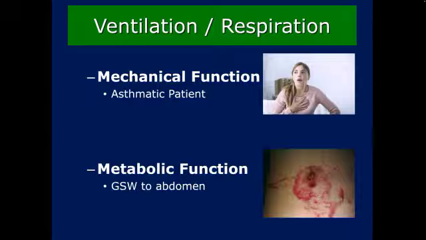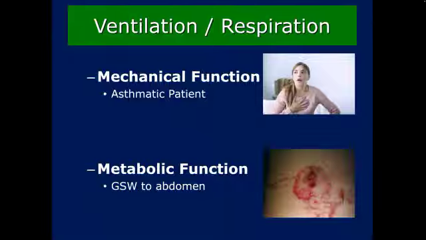When her chest stops rising and falling, she's going to become so hypoxic that her heart is going to stop, and she's going to die from severe hypoxia. Of course, we want to intercede: high flow oxygen, maybe assist her with her inhaler if that's appropriate, and definitely get her to the closest, most appropriate facility where she can get treated and open up those bronchial tubes to resolve this problem.